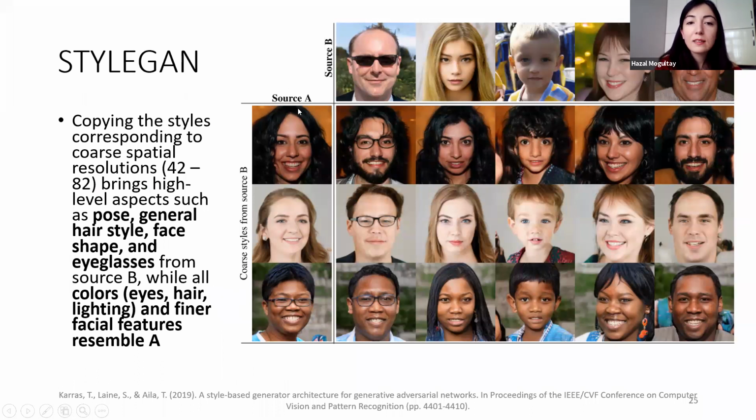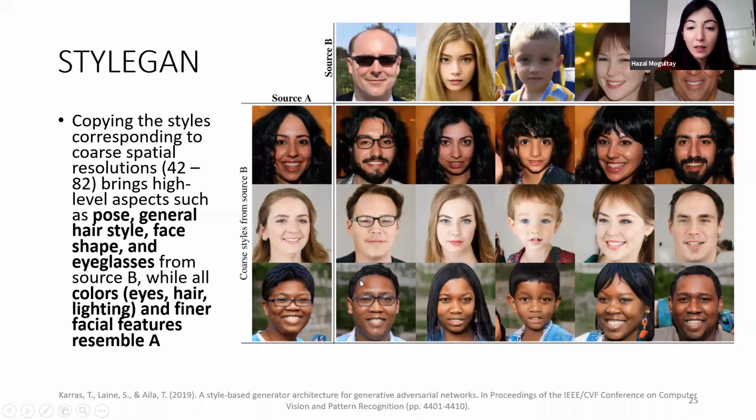They are taking some attributes from source A and some attributes from source B and looking at the output of the generator. If we are copying styles from coarse resolutions, we can get attributes such as pose, hairstyle, face shape, and eyeglasses.